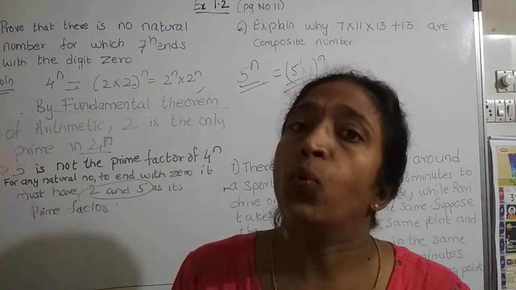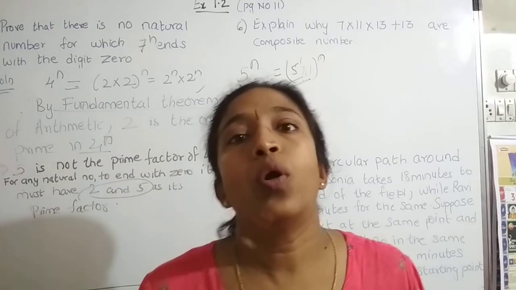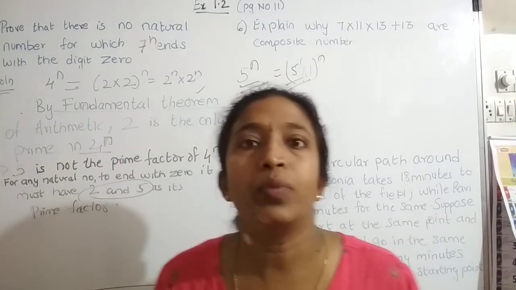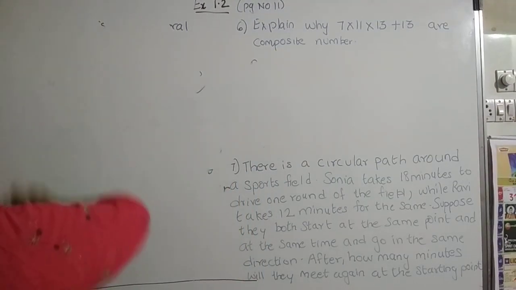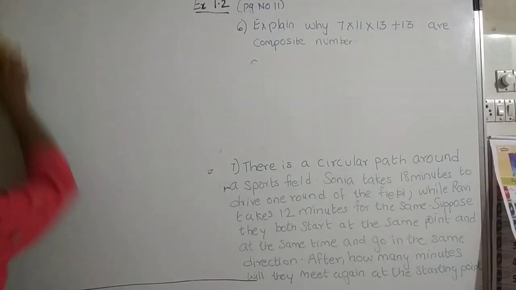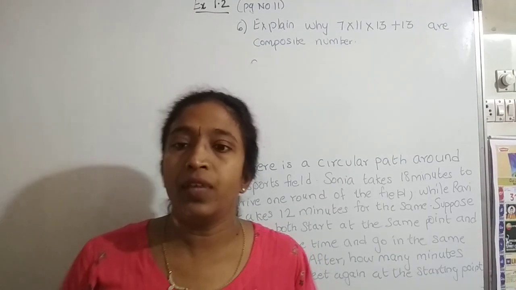Therefore, 5 raised to n will not end with digit 0 for any natural number n. I hope that is very clear. This is very important, and you really have to write the fundamental theorem of arithmetic; that particular line is very important.